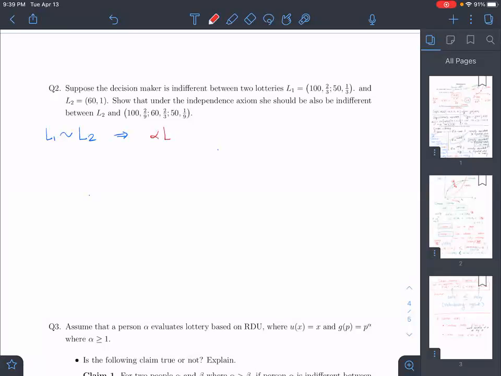Then alpha L1 plus (1 minus alpha) L2 is indifferent to alpha L2 plus (1 minus alpha) L2, which is L2. You can see that alpha and 1 minus alpha add up to 1. So it's just adding the same guy twice with weights that add up to 1. So this guy is L2.